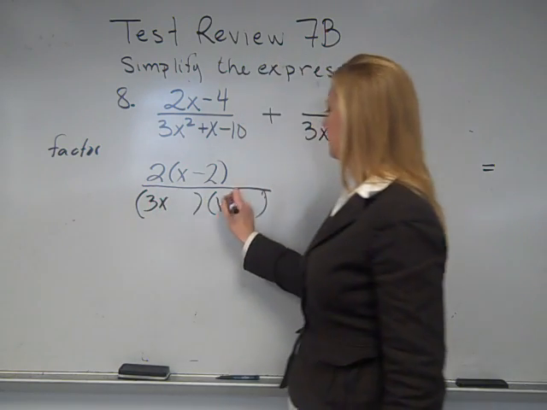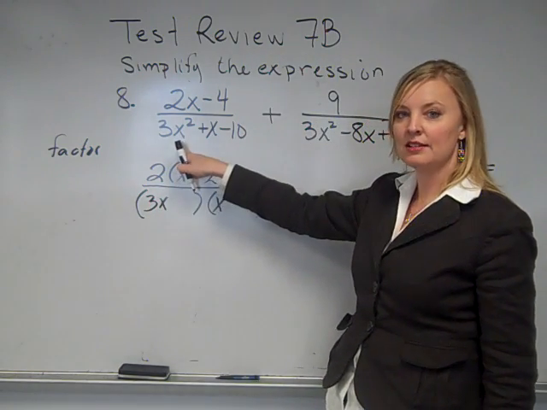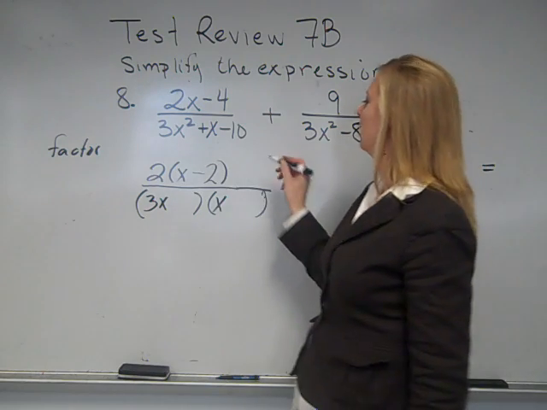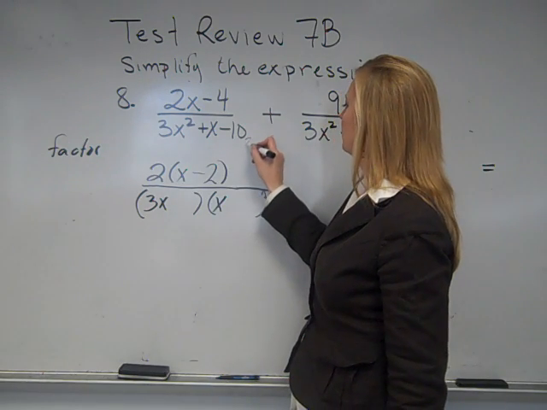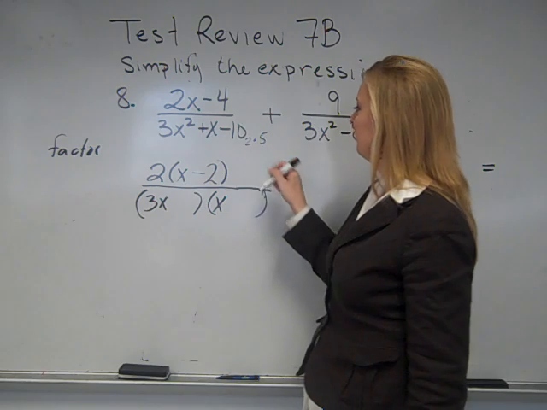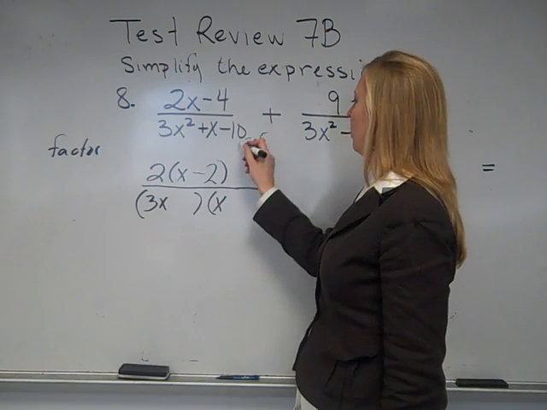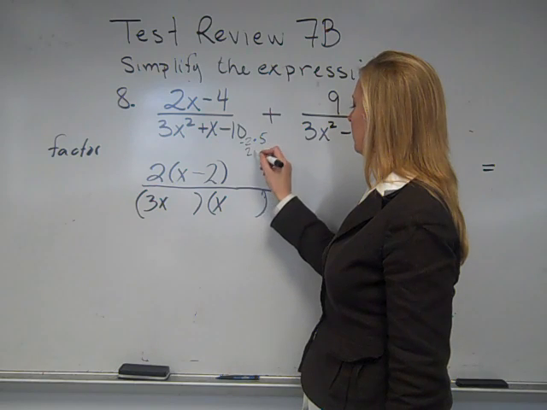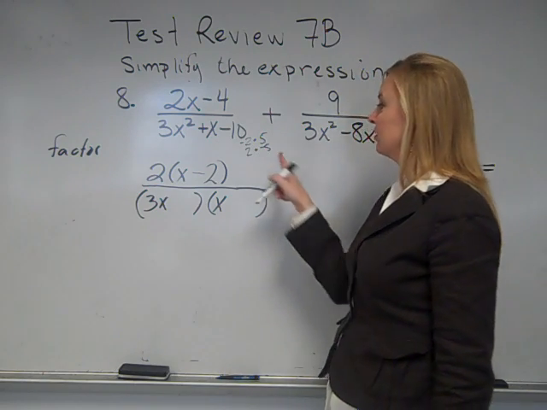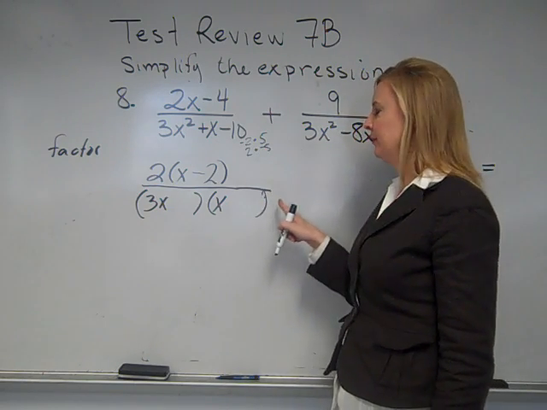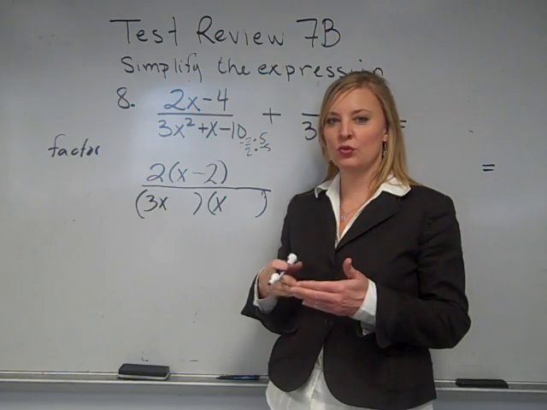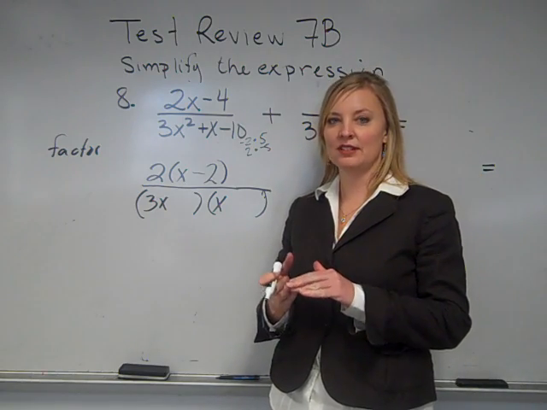We have 3x times x, which would give us our 3x squared. 2 times 5 would give us negative 10. Because this is negative, one is going to be positive, but the question is which one and where. So at this point we're just going to try it out and see how it works.